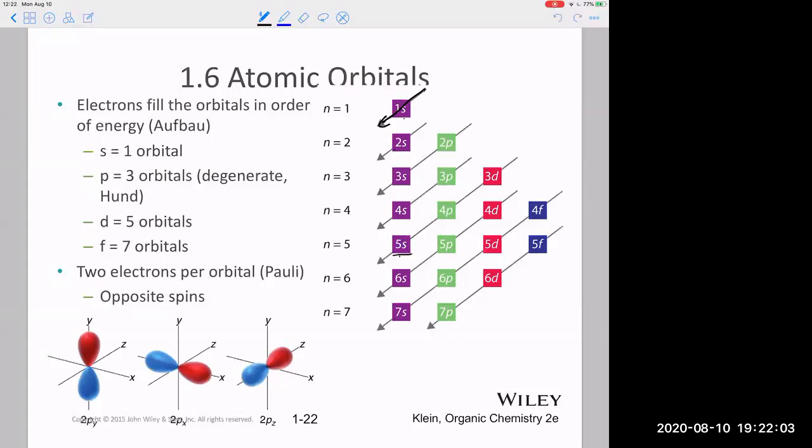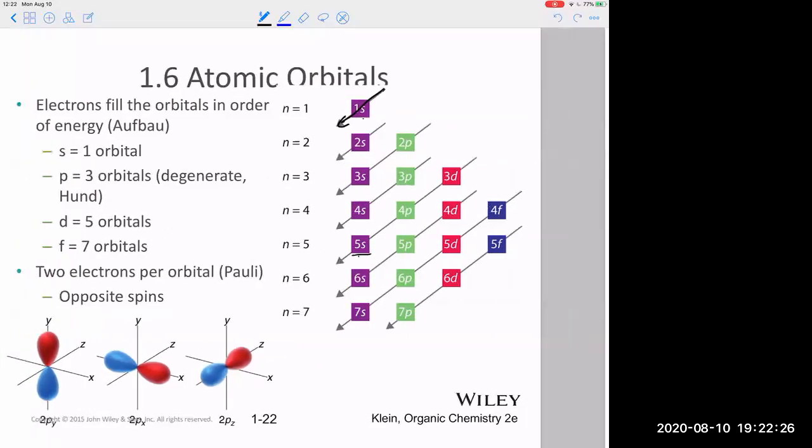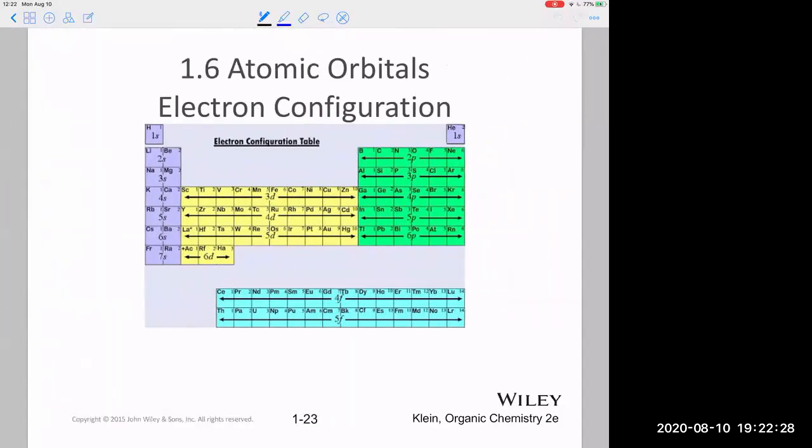What you were taught to do in general chemistry, and what we're going to review here in a second, but I just want to preface all of it, is to figure out, given an atom, for example carbon, what are the atomic orbitals associated with it? So what cages are its electrons living in? What are the shapes? This little triangle is one way to do it. I actually like this periodic table looking thing a little bit better. I think it's a better explanation.